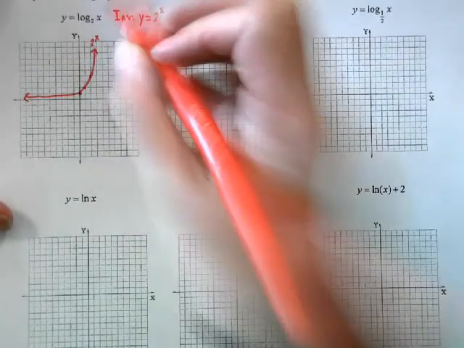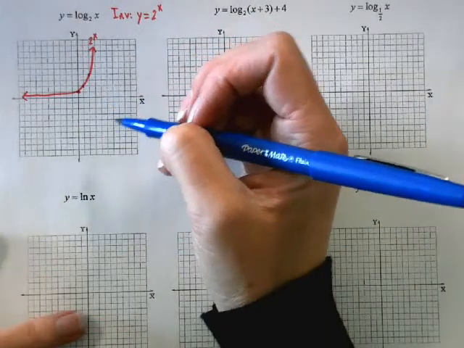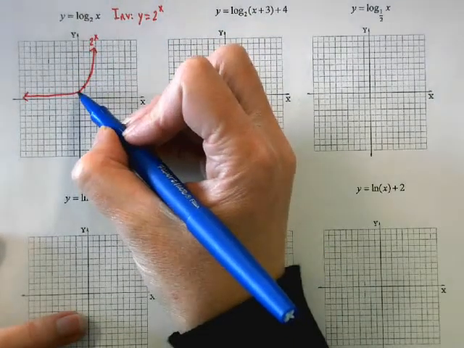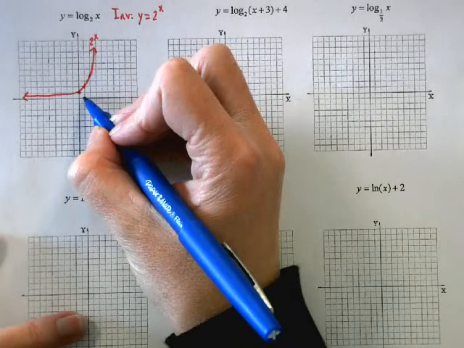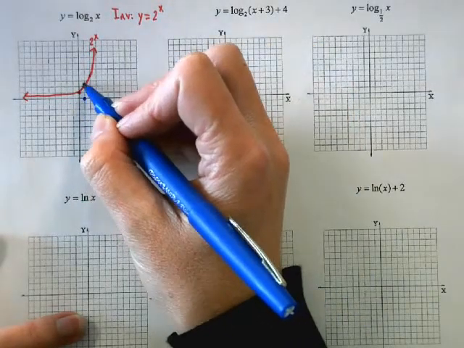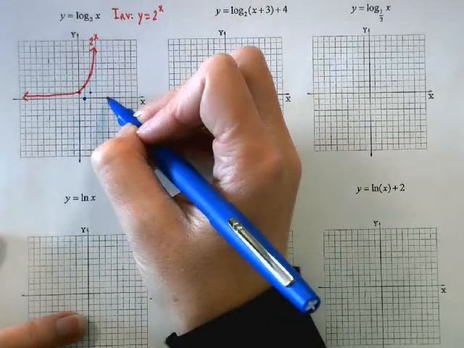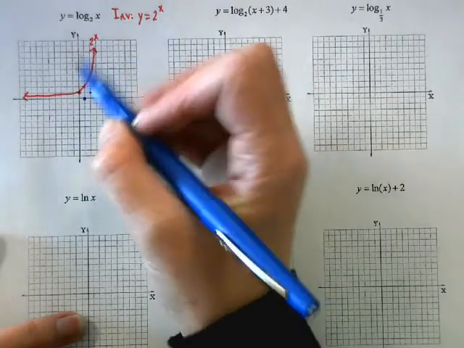So this is 2 to the x, and I'm going to use that to graph log base 2. So we're going to switch the x and y coordinates. So here I have a point at 0, 1, which means we have a corresponding point at 1, 0. The point 1, 2 is going to be at 2, 1. The point 2, 4 will be at 4, 2.